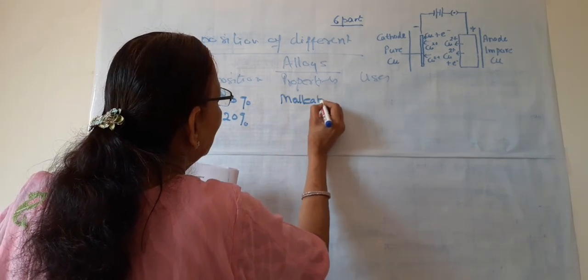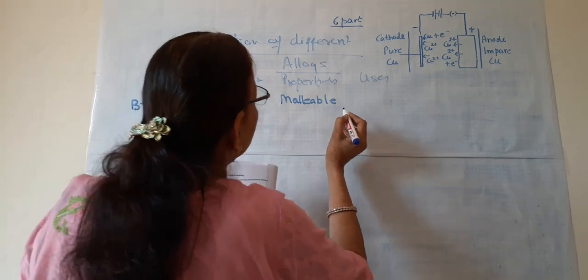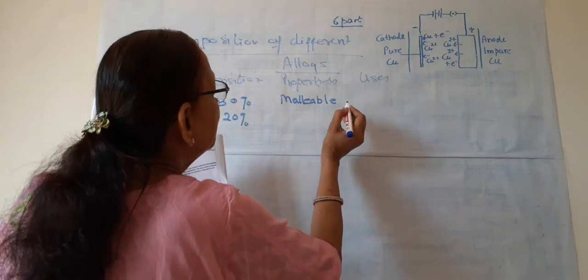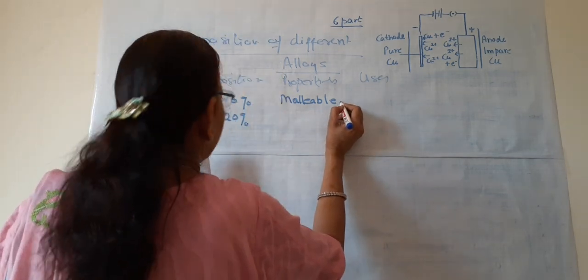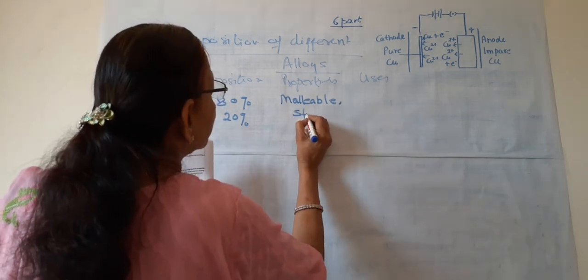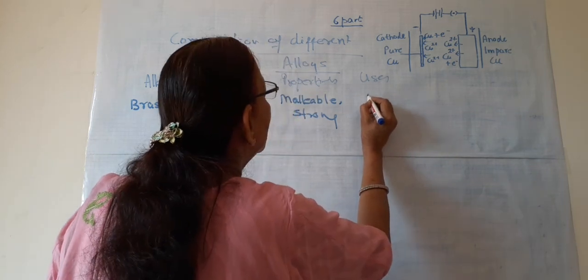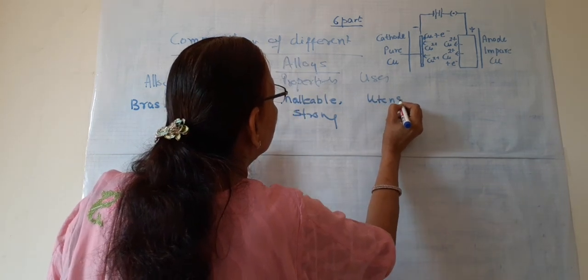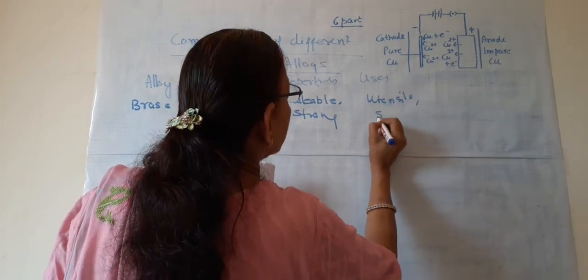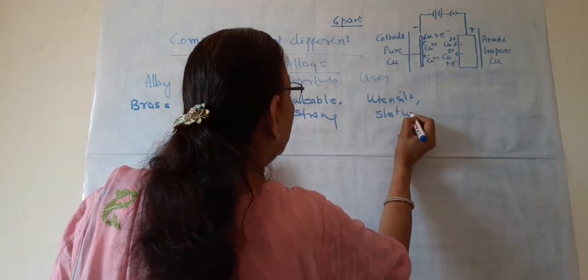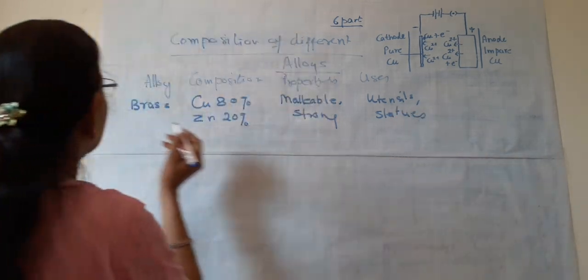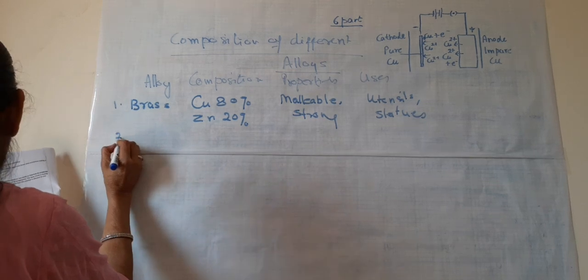Do you know what is malleable? It can be formed into a sheet. It is malleable and strong. And uses, all of you know, pittal, brass, they are used for utensils, statues, and many other uses. So this is the first, brass.